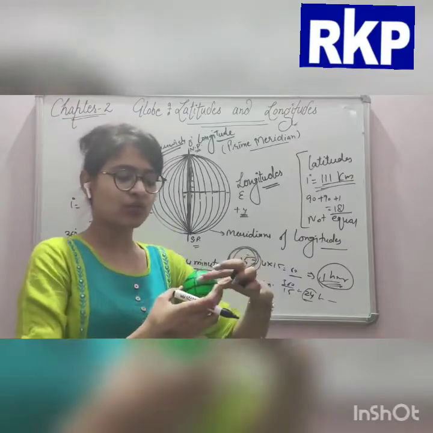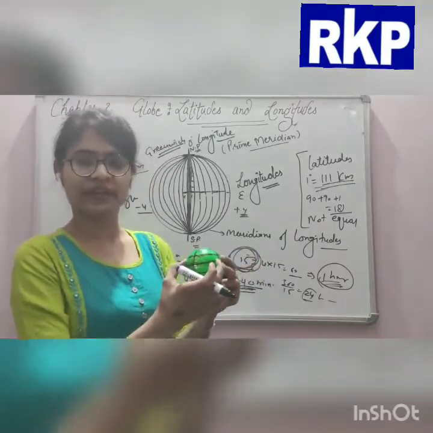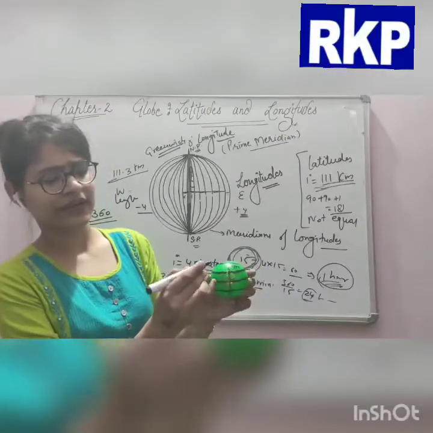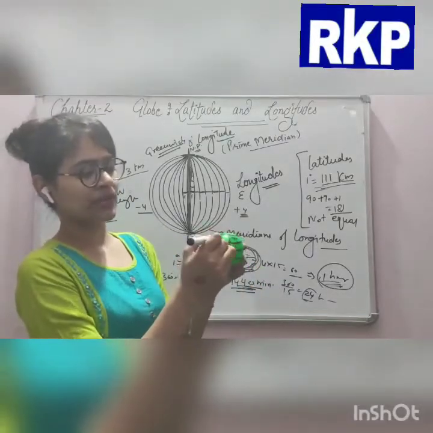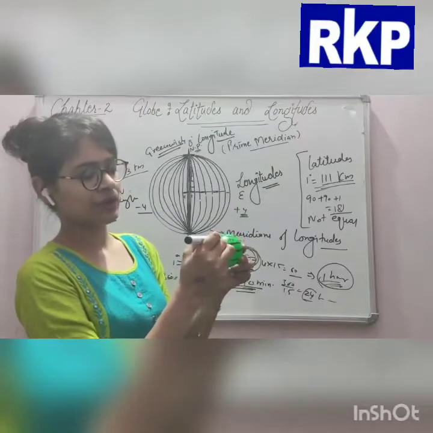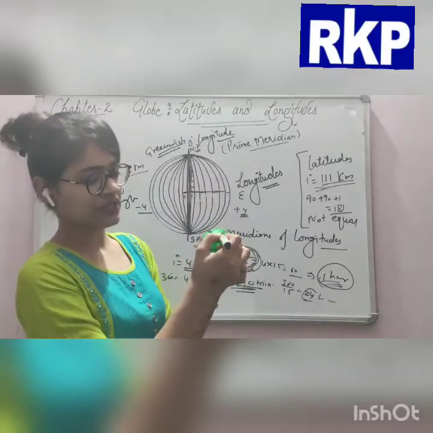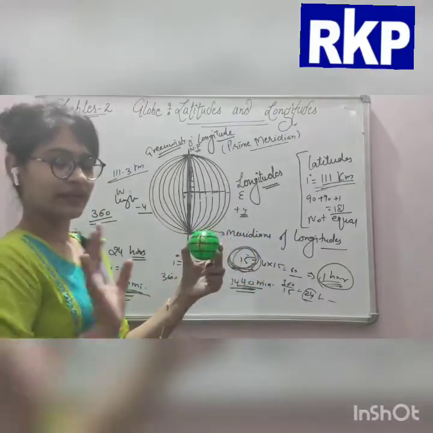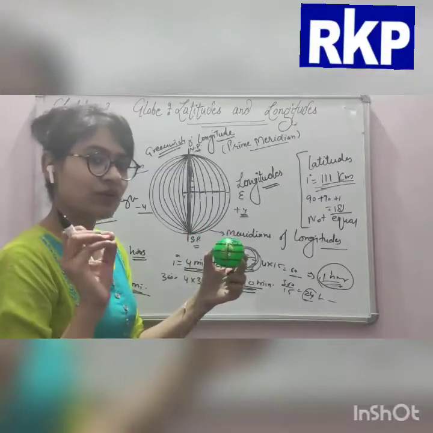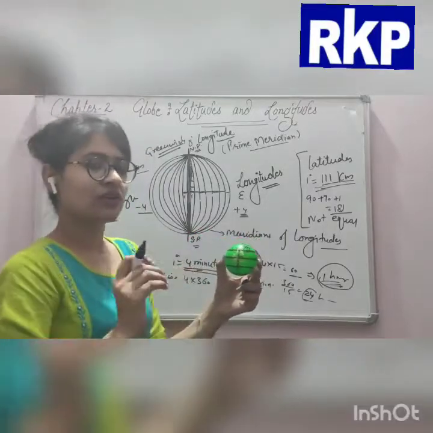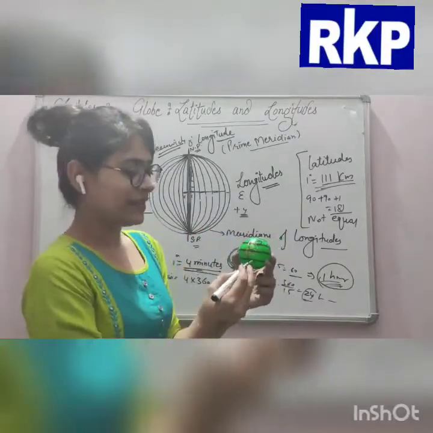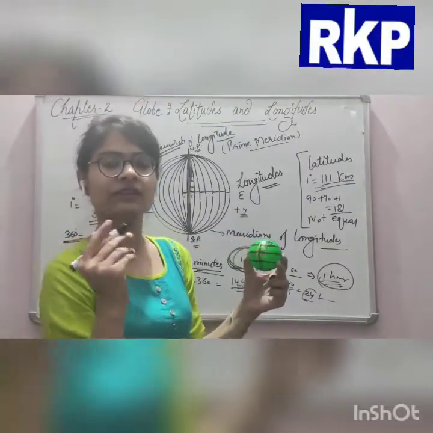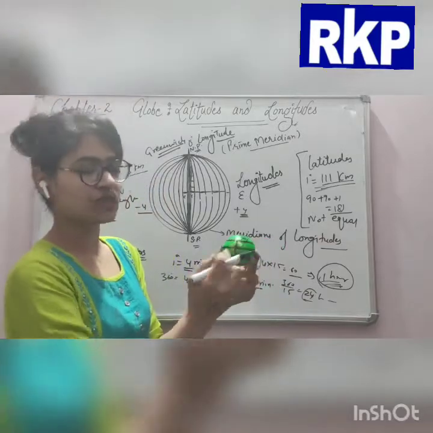Okay, but all the continents are located here. That's why obviously, as we come here, the time will be added. Suppose here 1 p.m, 2 p.m, 3 p.m, 4 p.m, here 5, here 6, here 7, here 8. Now see what was the logic behind deciding that we can start measuring our time from this line.